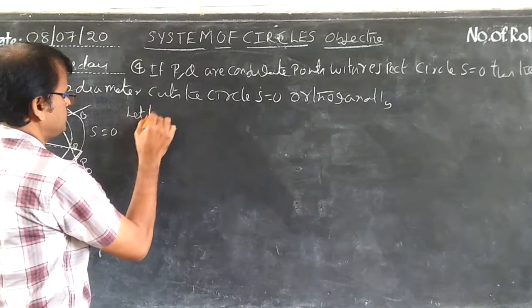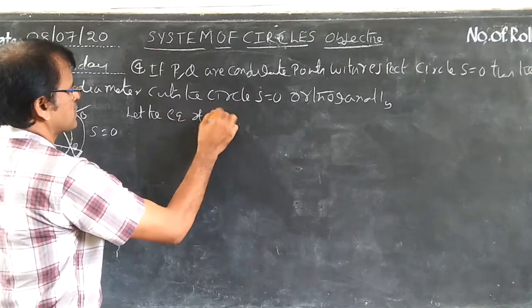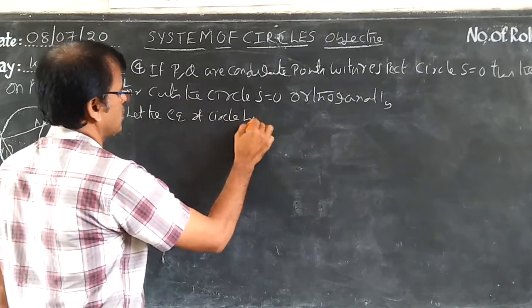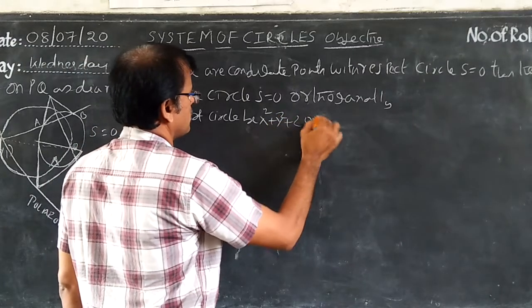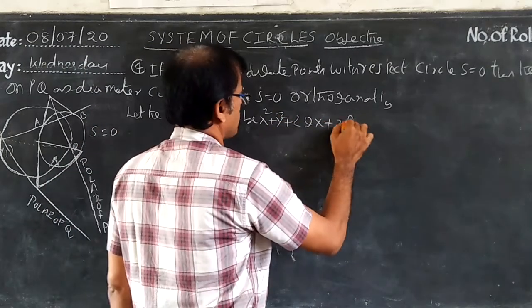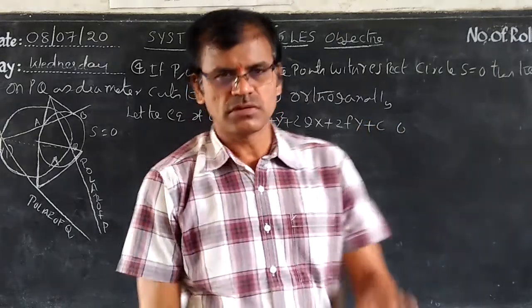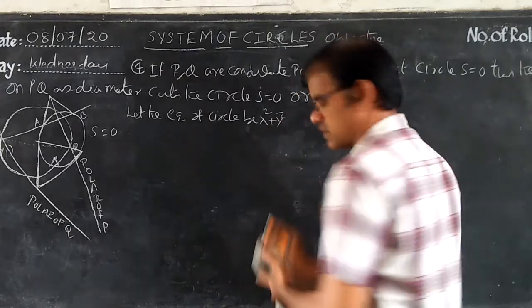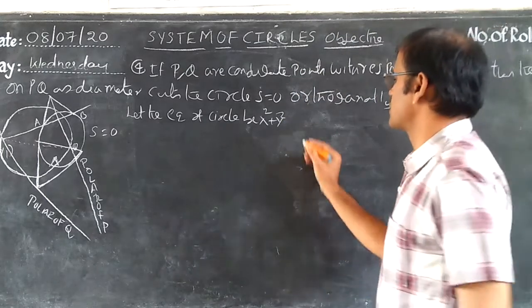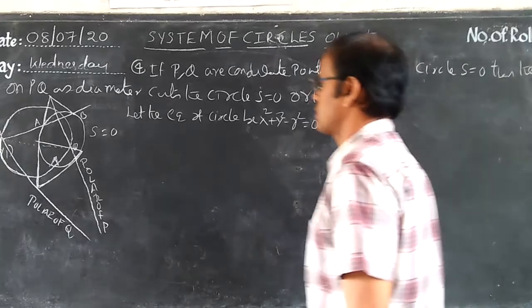Let the equation of circle be x square plus y square plus 2gx plus 2fy plus c. No need, better to take a simple circle. So an easy method: let the equation of circle be x square plus y square minus r square equal to 0. This is better.